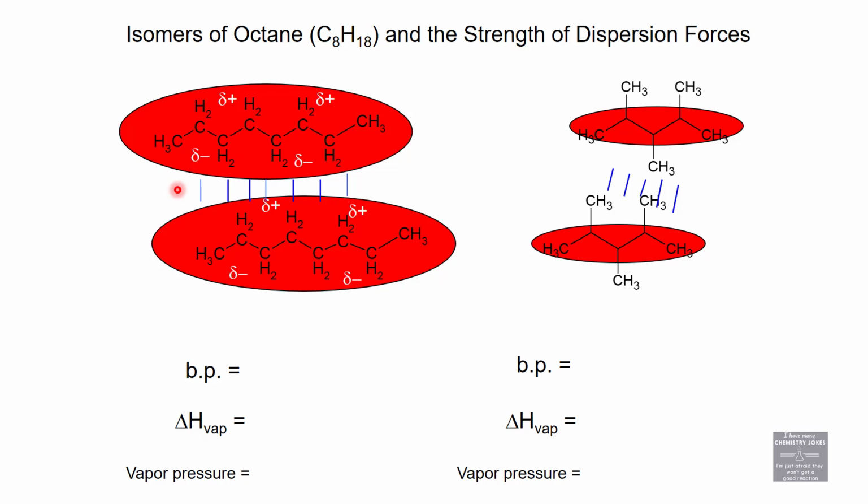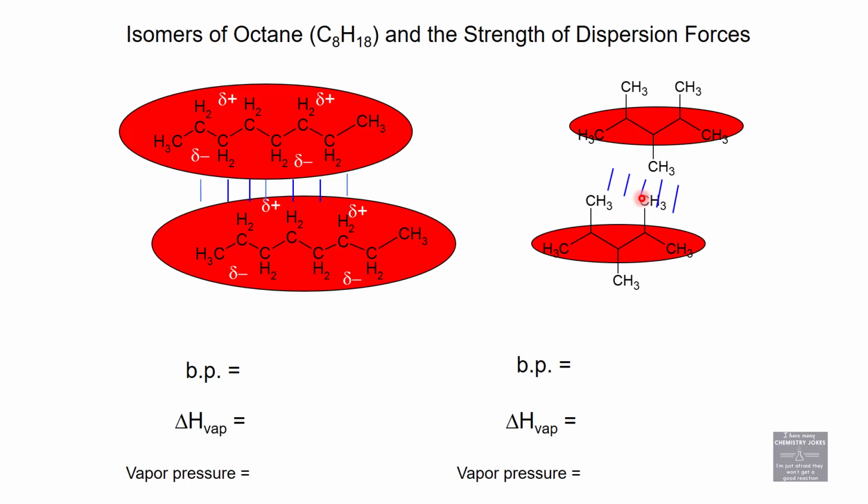Well, when the instantaneous dipole here forms, even if it forms along the whole length, you've got this branch sticking out that does not allow these two molecules to get as close together. When these two molecules can't get as close together, there's not as much attractive force between them. So this one has more dispersion interactions than that one does because of the surface area.